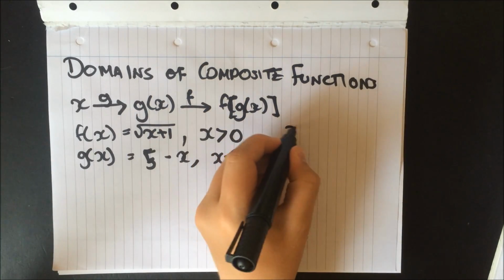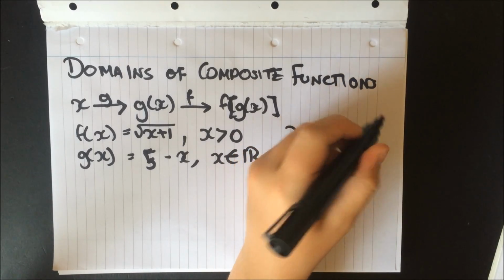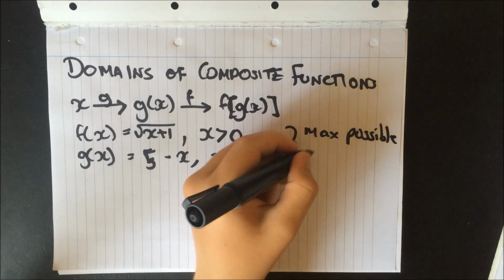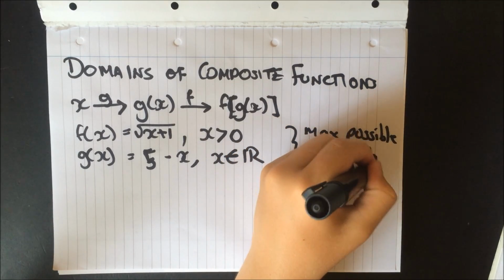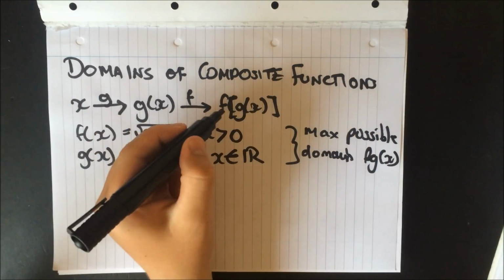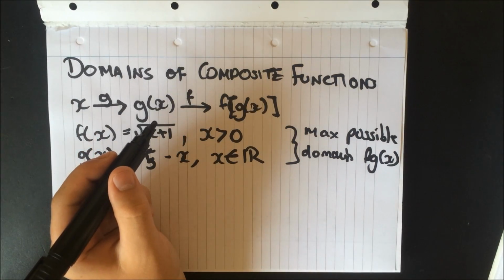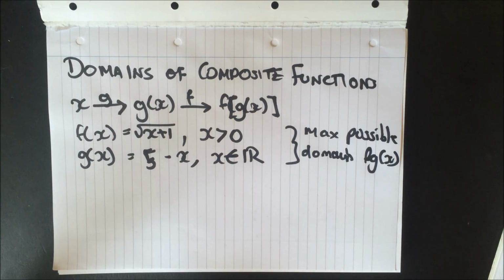So we want to find the max possible domain of f of g of x. Remember, we need to get that the right way around. So we're doing f to the g of x, basically. We need to solve the inequality for g of x.